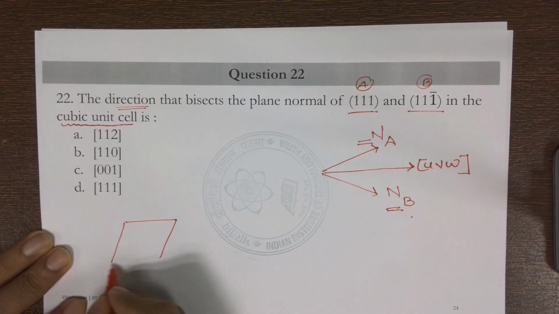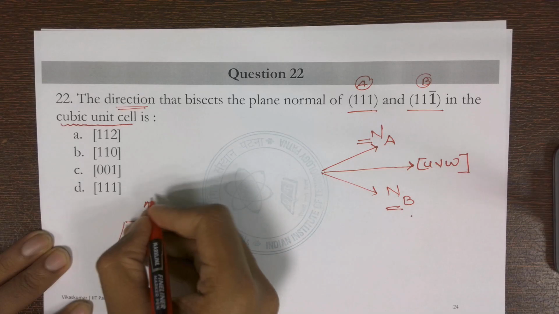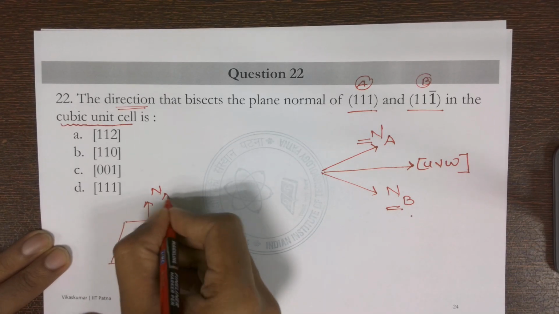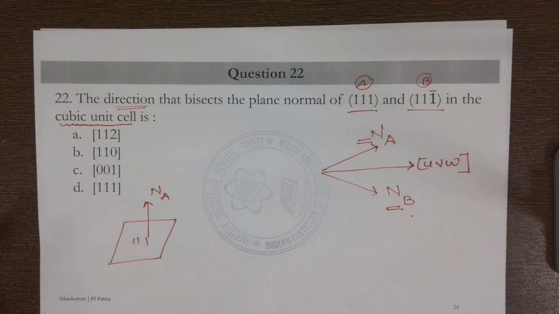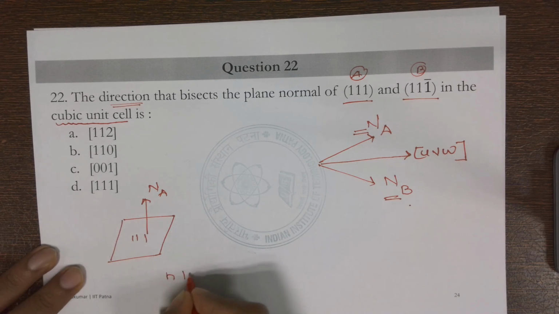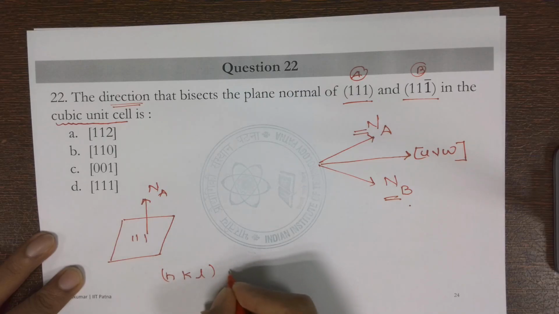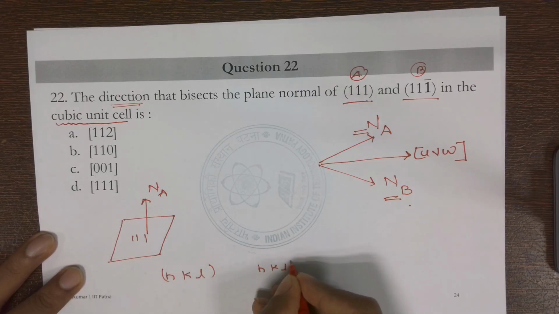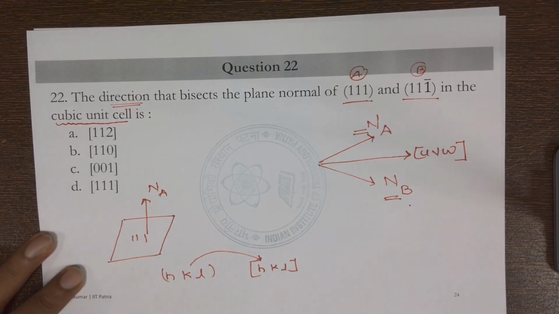Let's say this is the plane 1, 1, 1, and what we need to find is the normal vector of this particular plane. This is where one important feature of the cube comes into play. This is only valid for the cube: the HKL of the plane is equivalent to the HKL of the direction normal to it.